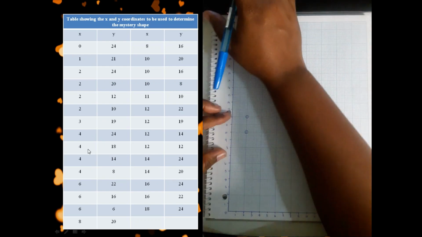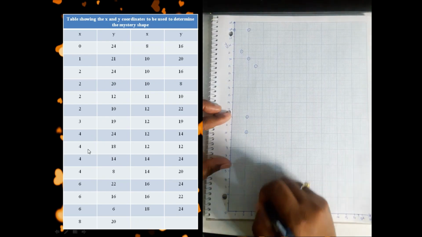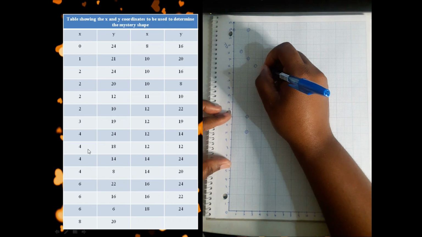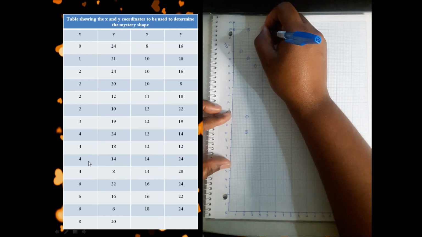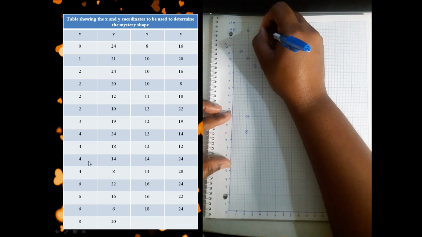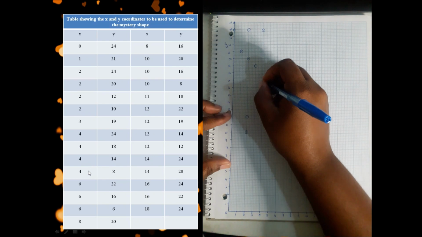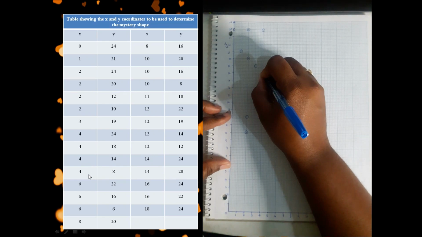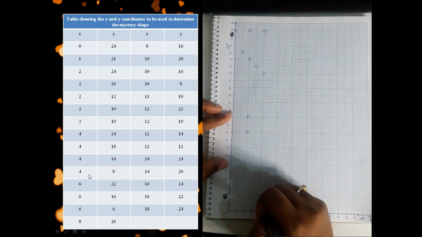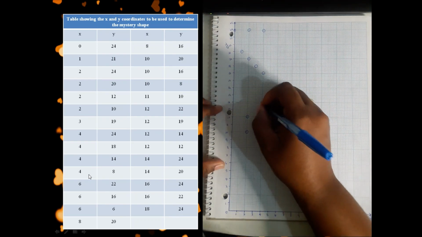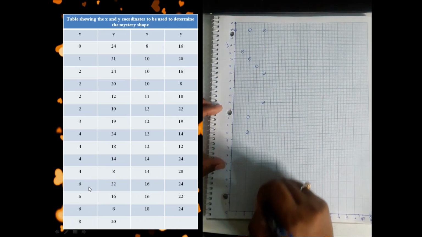Next point, 4 to 24. Next point, 4 to 18. Next point, 4 to 14. Next point, 4 to 8.